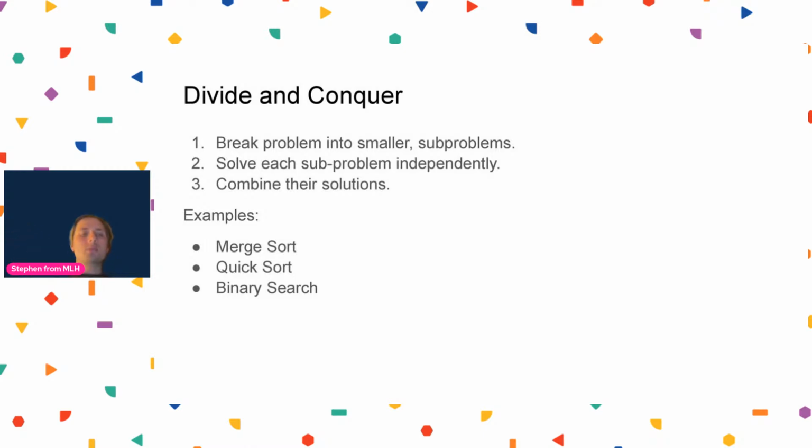So that's what we were doing with our merge sort, our quick sort, and our binary search. We broke things up by splitting them. In the case of merge sort, we split along the middle. In the case of quick sort, we split along some partitioning index, some pivot. And in the case of binary search, we went ahead and split that way too.